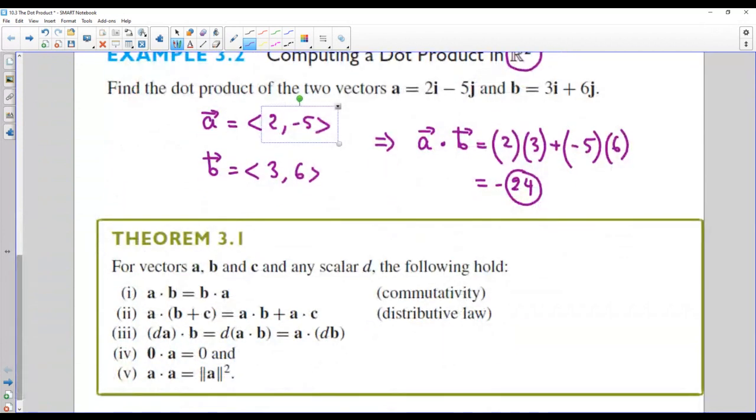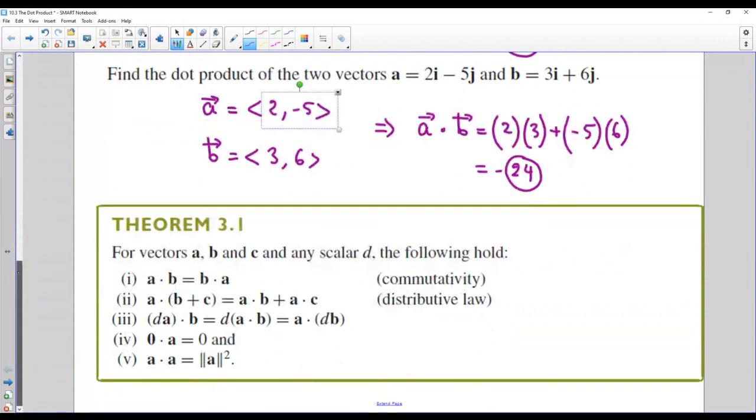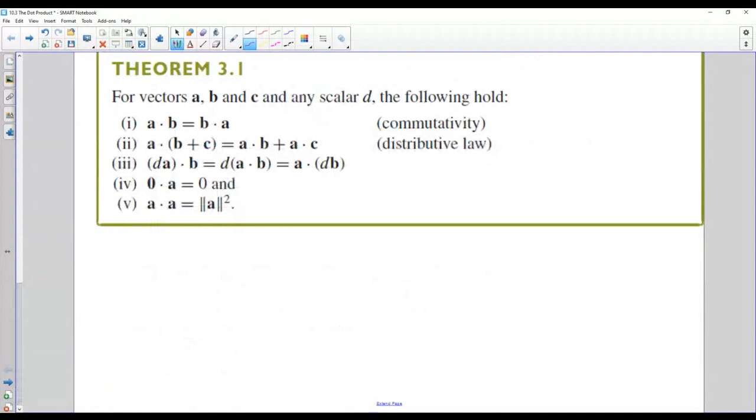It's a simple operation. You can calculate that without too many problems. Now, when we work with dot products, there are some rules. There is a theorem here. A dot B is exactly the same as B dot A, so the dot product is commutative. Then A dot (B plus C) you can distribute, basically.